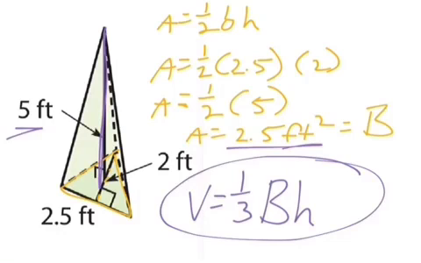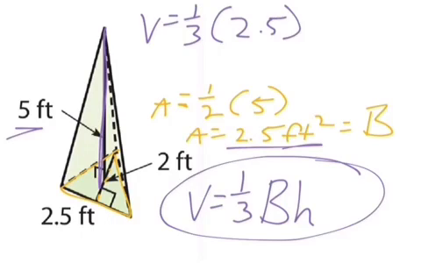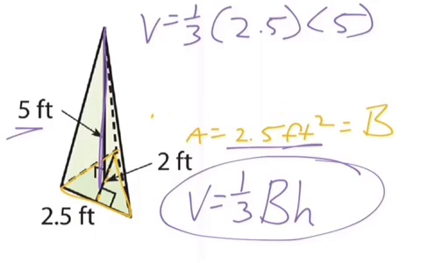So if I say 2.5 times 5, and then I'm going to get 1/3 of that. So real quick, I'm going to wipe out some space at the top. And I'm going to say, okay, let's rewrite this thing as volume equals 1/3. The base measurement was 2.5. The height is 5. Wipe out a little bit more space, and now I can solve.